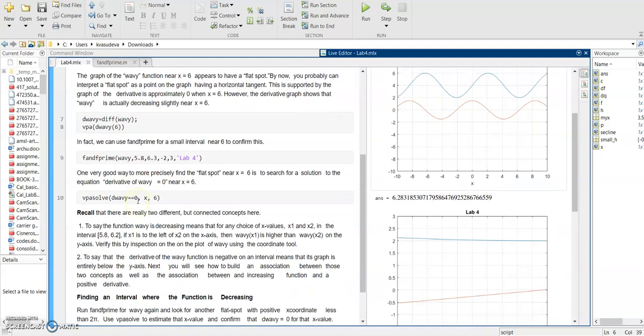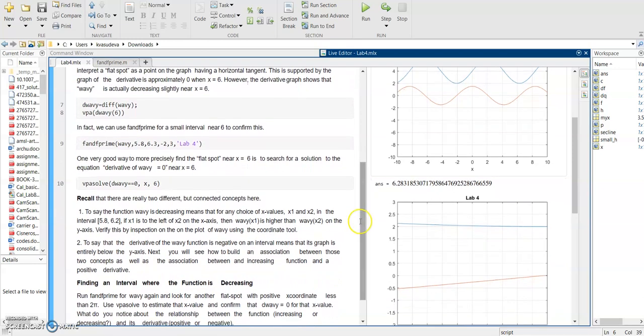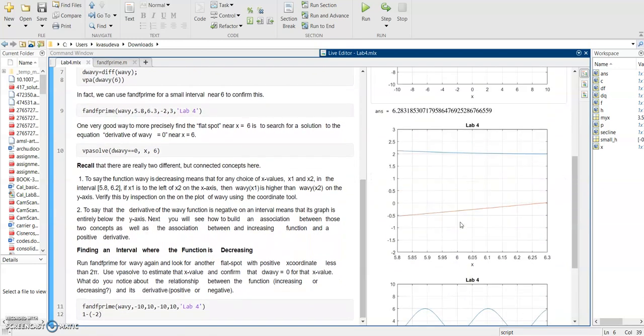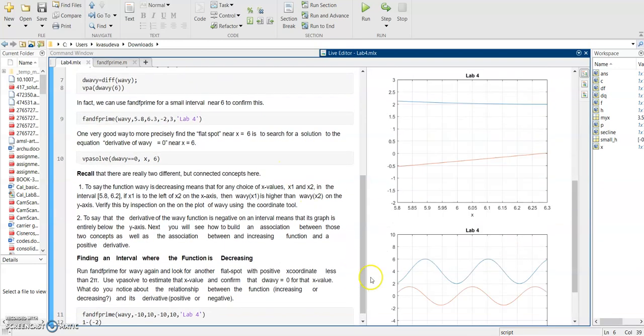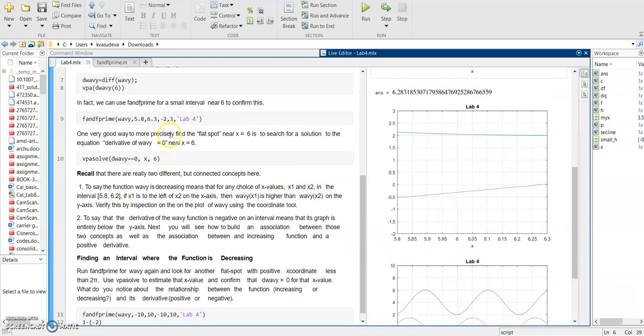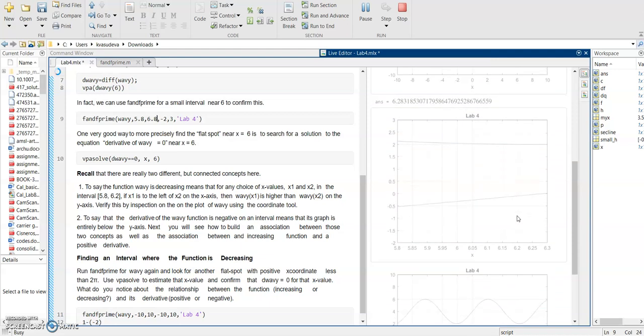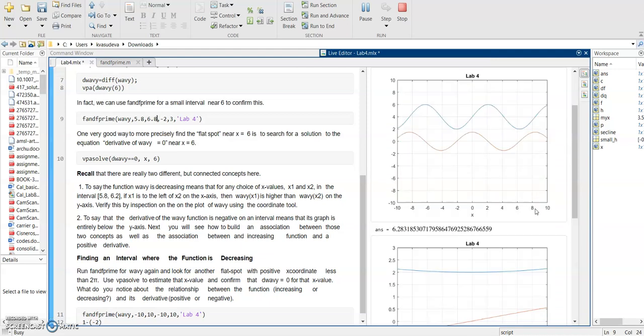So that's what I'm trying to do here. I'm just focusing on this little interval, 5.8 to 6.3 and -2 to 3. So that gives this graph right here. Let's move on to 6.8, because that will allow us to look at the graph more clearly and then judge.